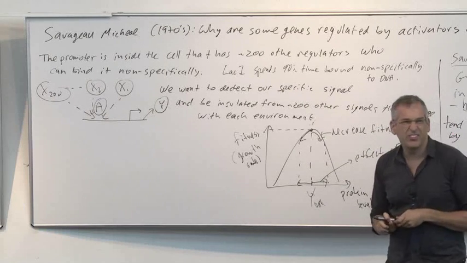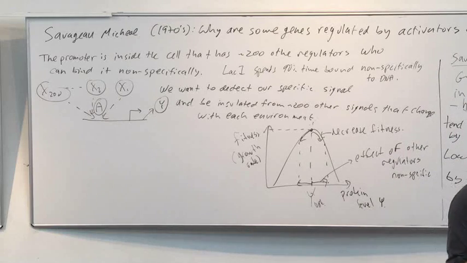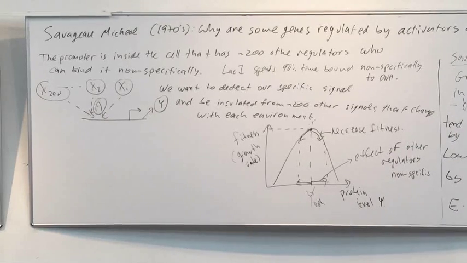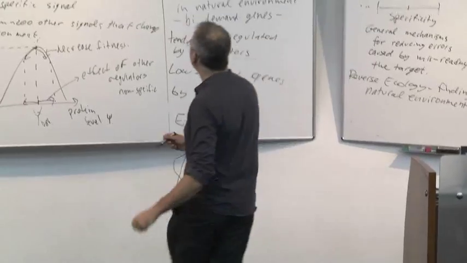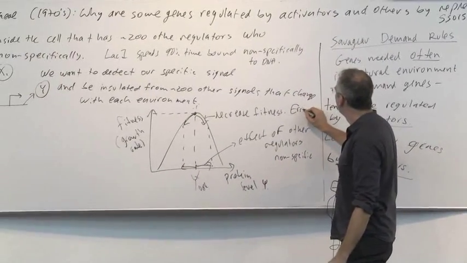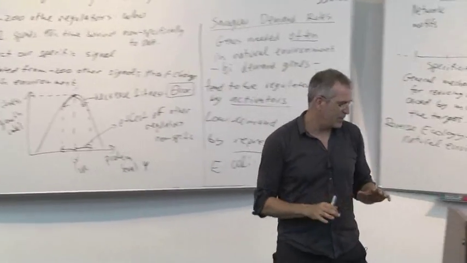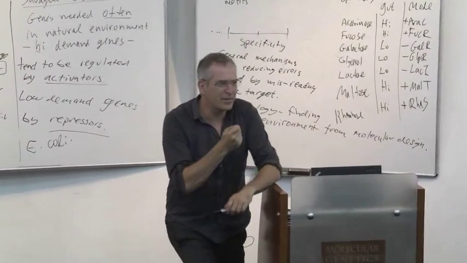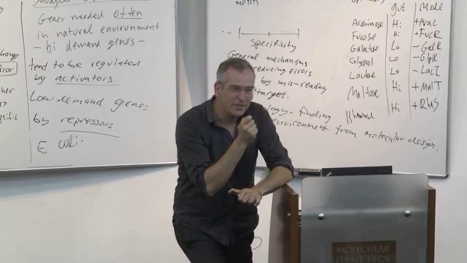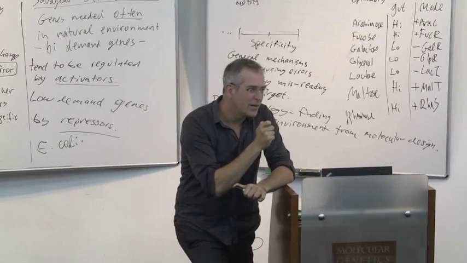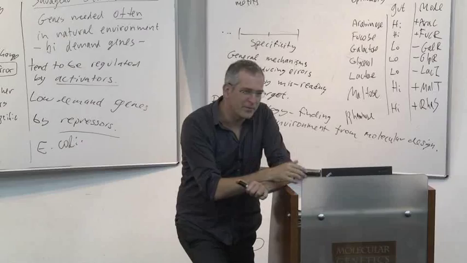And I have a fitness decrease because of this non-specificity. So that's what's called the error. And that's what I want to minimize. And the difference between activators and repressors is now going to help us optimally minimize the error.